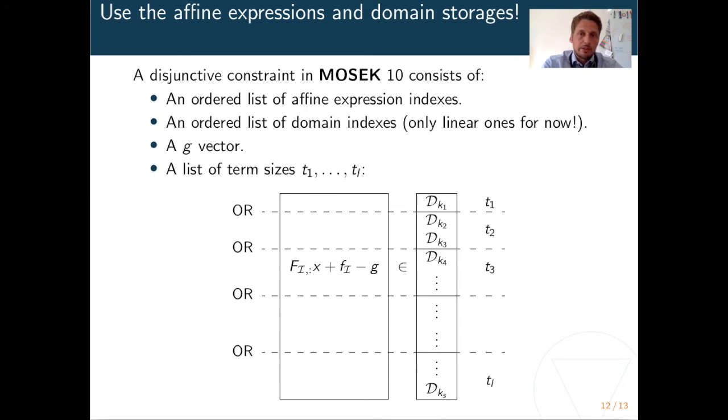Now, as for how to specify disjunctive constraints in the C API, it actually comes in handy to reuse the affine expression and domain storages. So a disjunctive constraint is just a list of affine expressions, now a list of domain indexes, potentially a G vector, and a list of disjunctive term sizes. Then everything is arranged sequentially, and the term sizes dictate where one disjunctive term ends and the next begins.